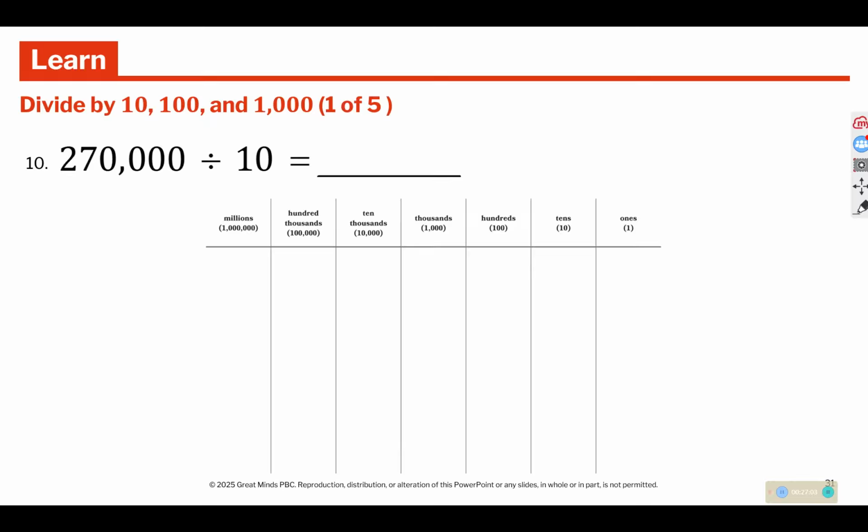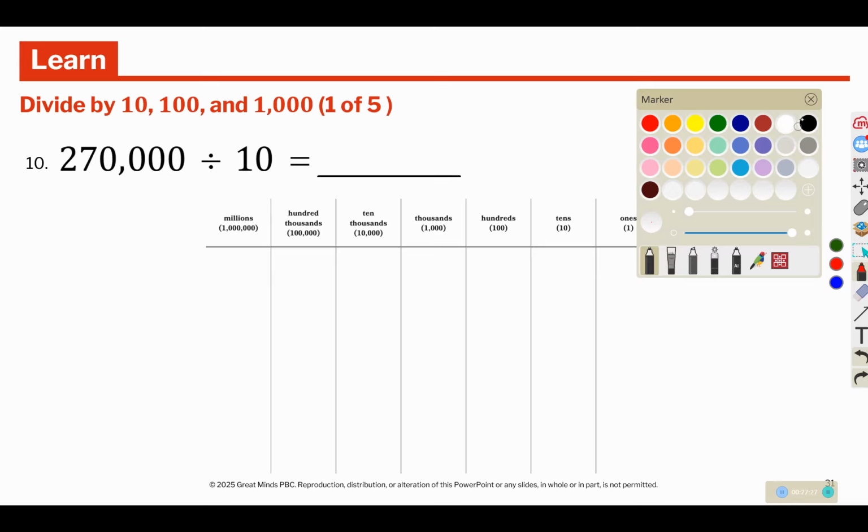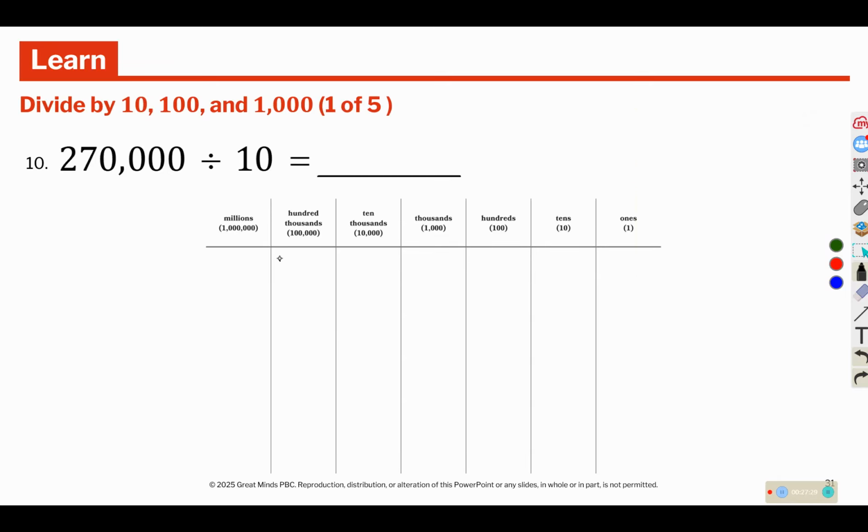When you divide by 10, the number gets smaller. So instead of our pieces getting shifted to the left to get bigger in our place value chart, they need to shift to the right to make them smaller. The 2 is in the hundred thousands position, and the 7 is in the 10,000s position.